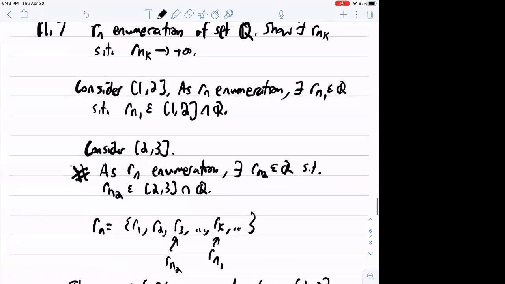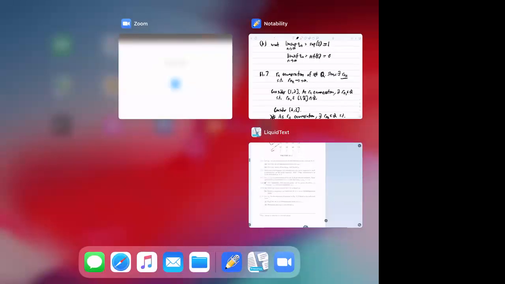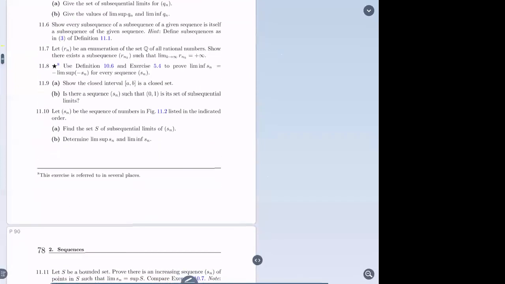Honestly, the hardest part is getting an actual subsequence, not just any list that goes to infinity. Any questions on this? Hopefully this covers the hardest questions on this chapter.